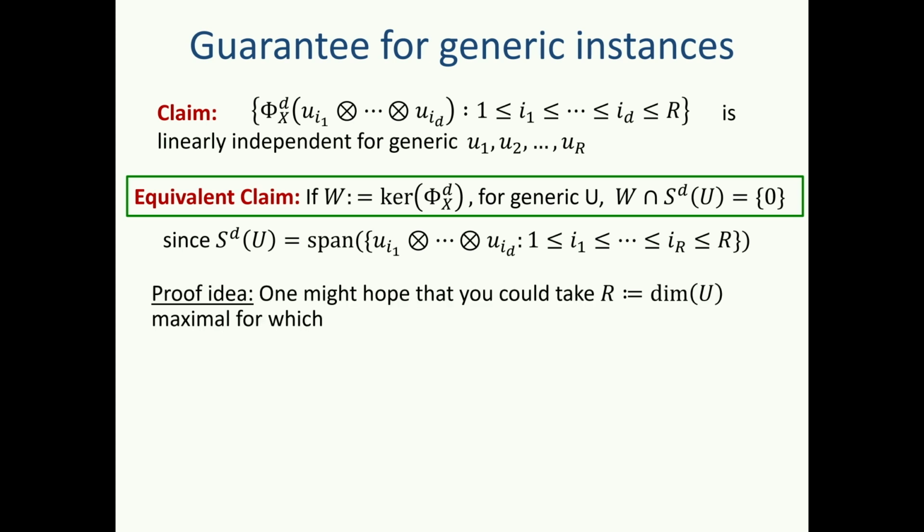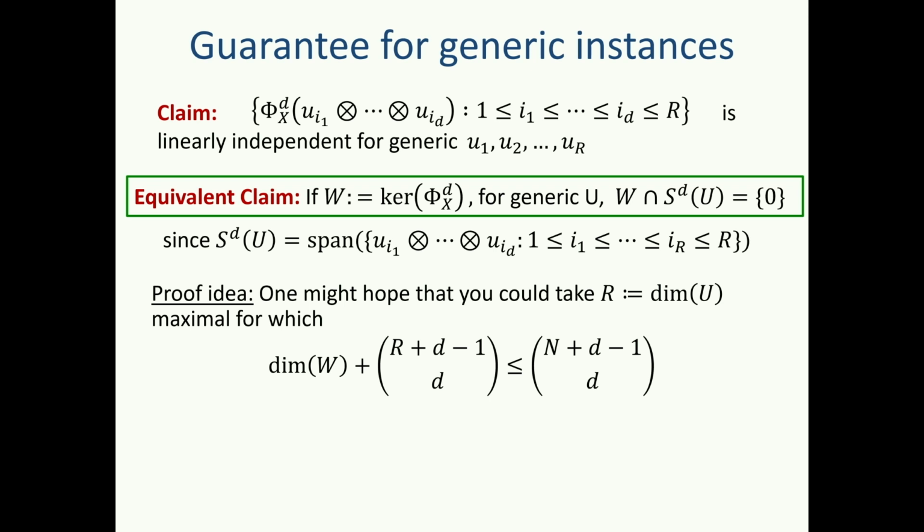So you could hope that this is just a statement where you can do some dimension matching, and hope that if you pick the dimension of your subspace large enough, so that the dimension of W plus the dimension of this symmetric dth lifting of U is less than the total dimension, then this is true.